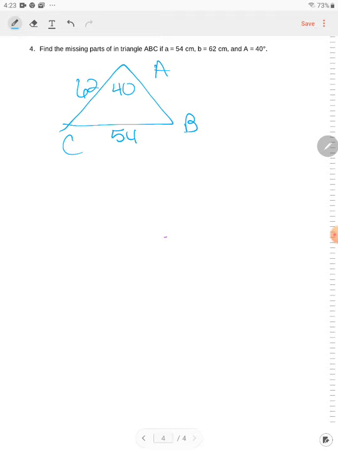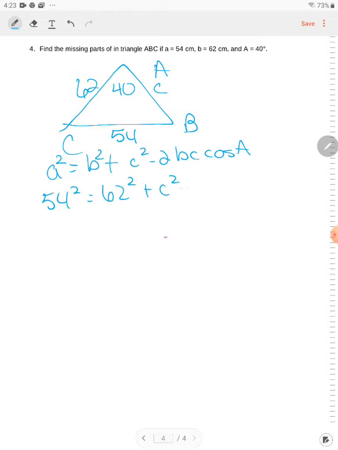All right, so I'm going to put C here. So I know angle A. So we're going to use the formula A squared is equal to B squared plus C squared minus 2BC cosine of A. So 54 squared is equal to 62 squared plus C squared minus 2 times 62 times C times cosine of 40.